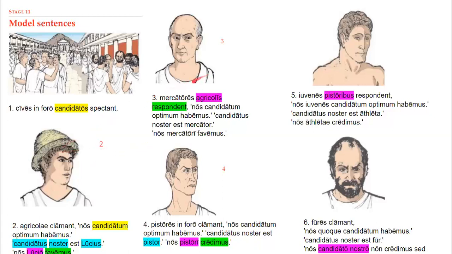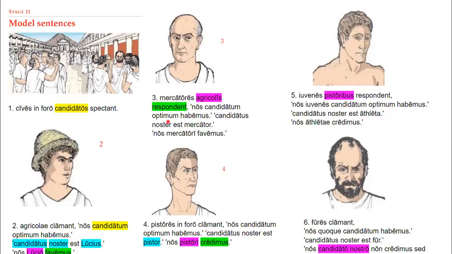All right. Mercatores agricolis respondent. Nos candidatum optimum habemus. Mercatores, nominative plural subject, third declension. Agricolis, dative plural, indirect object. Respondent is the main verb, present third person plural. So the merchants to the farmers respond, or the merchants respond to the farmers.